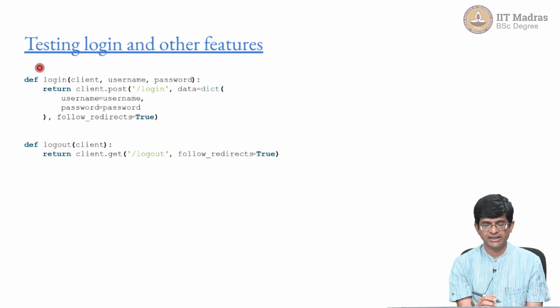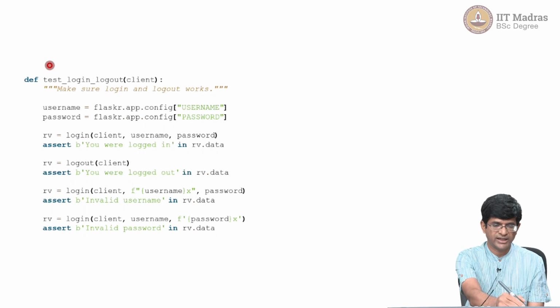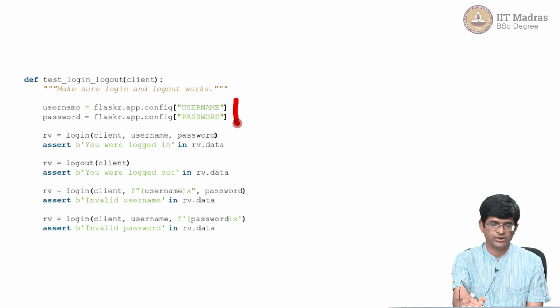How would I use something like this? I could now define a test case where I pick up the username and password that has been configured. Try one test, which is login using the correct client username and password, and say, okay, the rv.data should contain the words you were logged in. Similarly, test logout, and it should contain the words you were logged out.